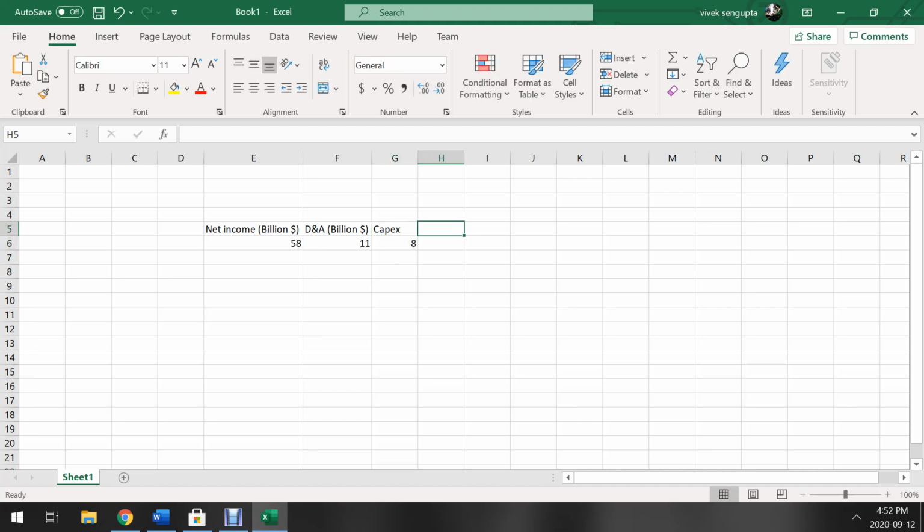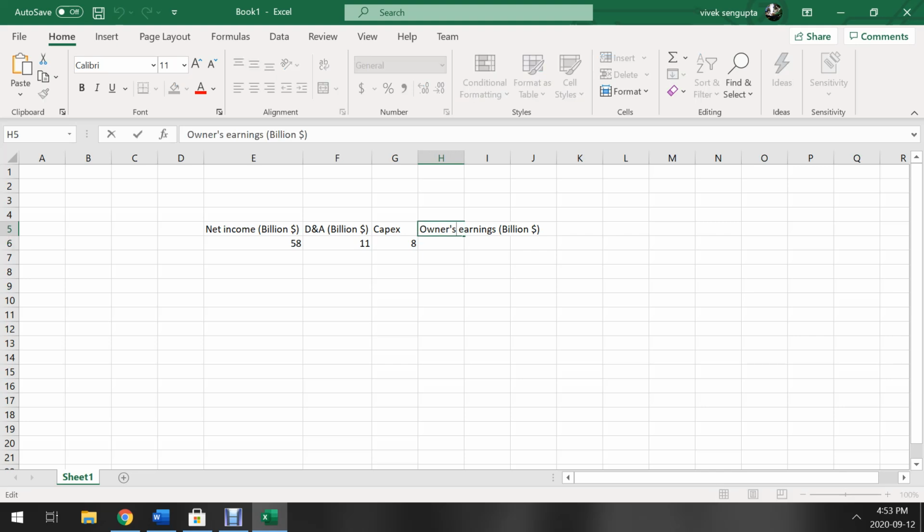According to Warren Buffett, owner's earnings is basically you add the net income with the depreciation and amortization and subtract the capex, because that's the ultimate cash flow.